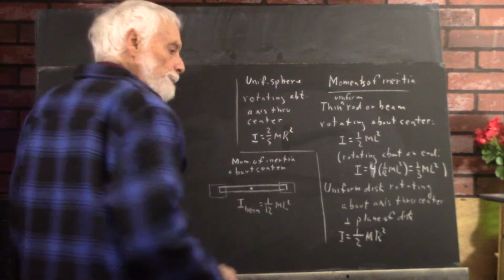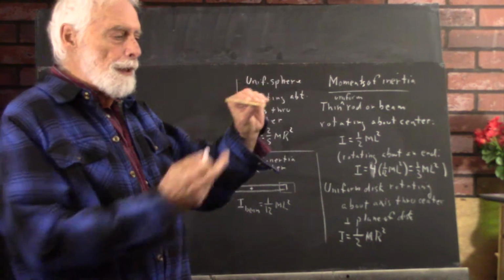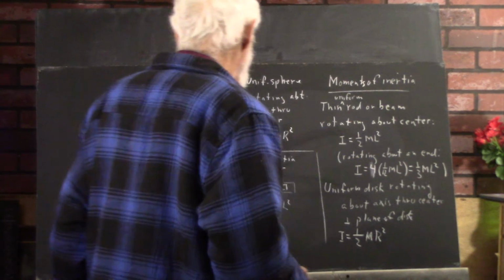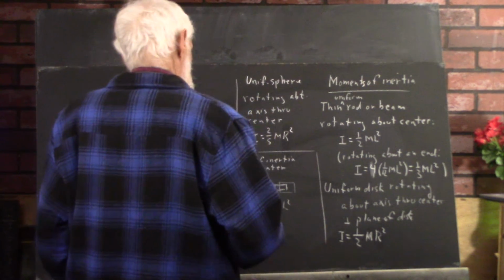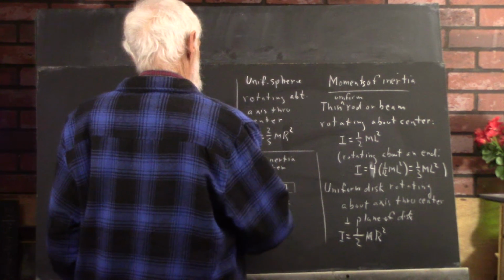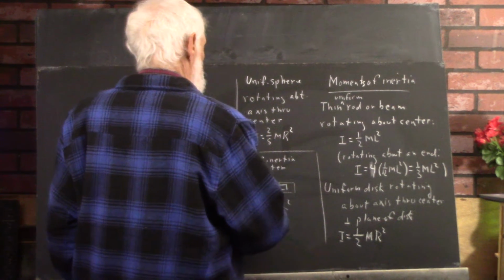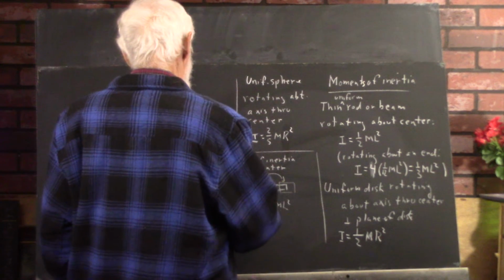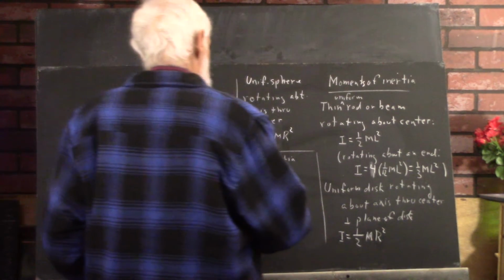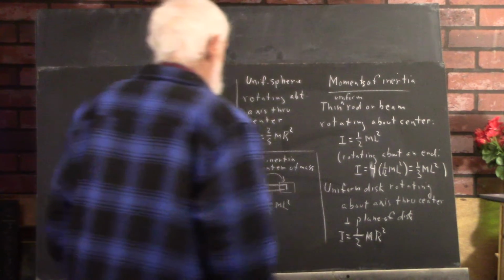And we're going to assume these are uniform. Just think of this, where the center of mass is the geometric center. We'll call that a rectangle. Moment of inertia of the rectangle. Here and here. Now that's a moment of inertia about its center of mass.